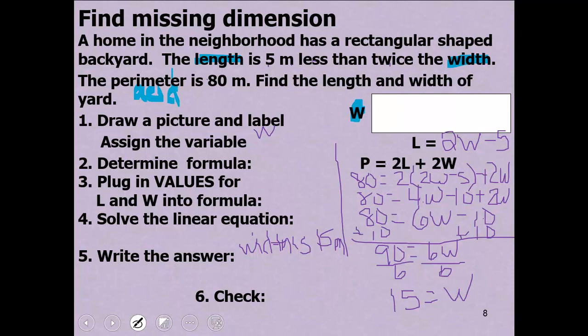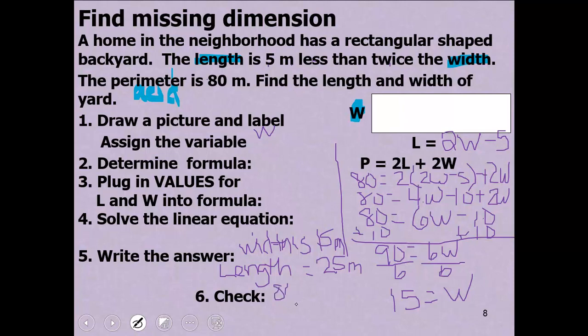My length is going to be 2 times that, which is 30, minus 5. So that's 25 meters. Then I'm going to check it for reasonableness. It better make this equation true.